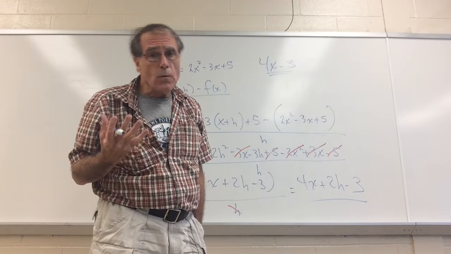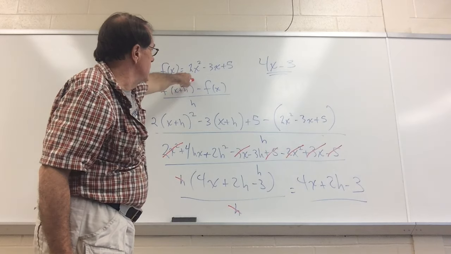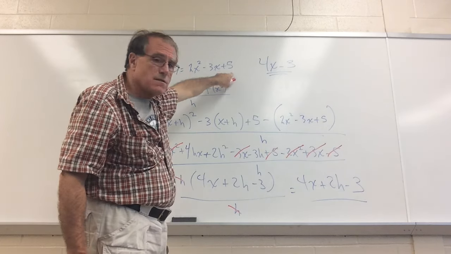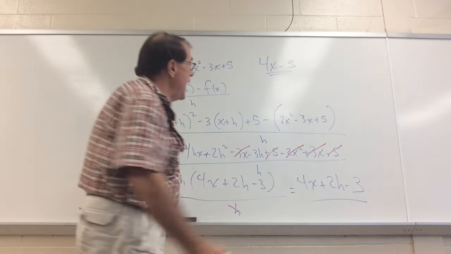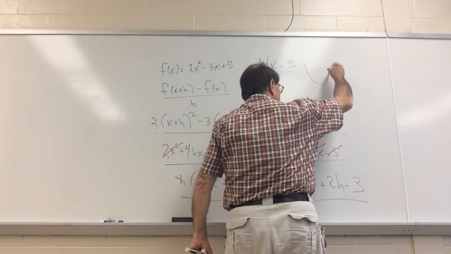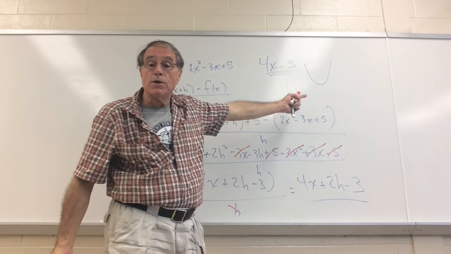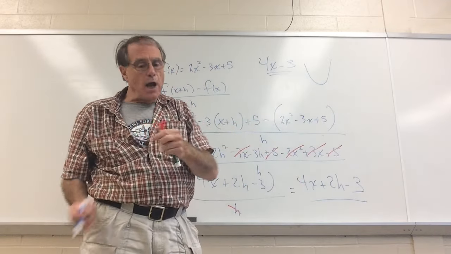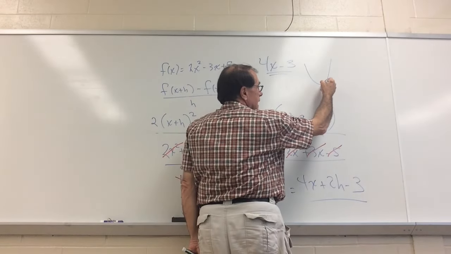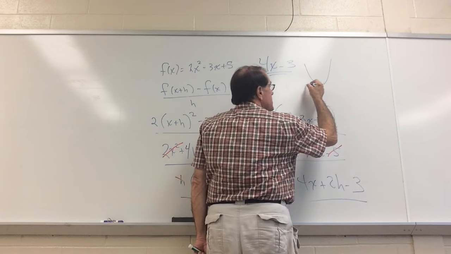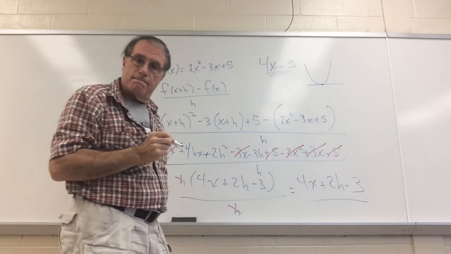What can I do with that? Well, let's think. I know the graph of 2x squared minus 3x plus 5 is a parabola. I know that parabola opens upward, and it would look something like so. Now, of course, it would be graphed on an axis, but I know it's basically a U shape. What do I know about this function? Well, at its vertex, at its turning point, the tangent line would have a slope of 0.